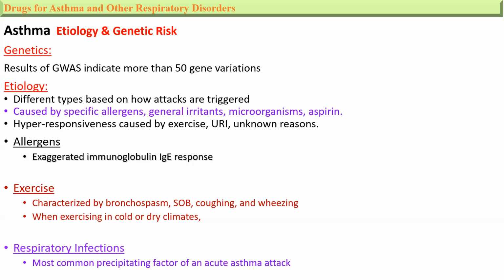Now, exercise as the triggering factor is characterized by bronchospasm, shortness of breath, cough, and wheezing. So when patients with asthma exercise in cold, dry climates, if they place some kind of scarf or mask and breathe through the scarf or the mask, that may decrease the likelihood of the symptoms.